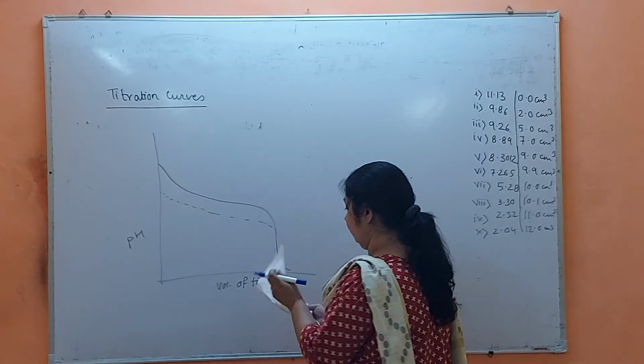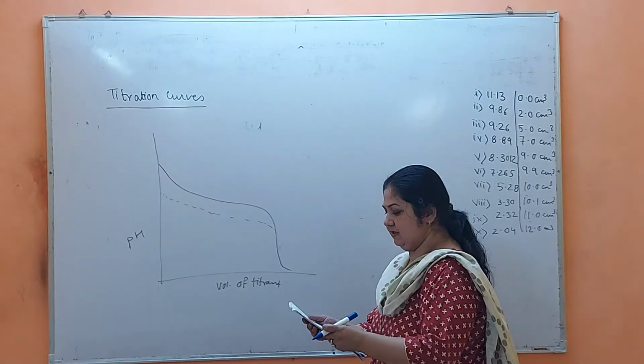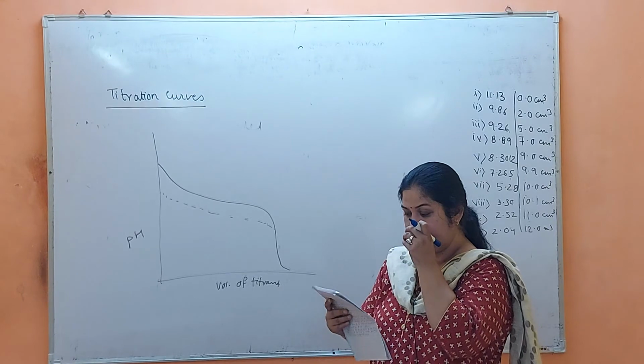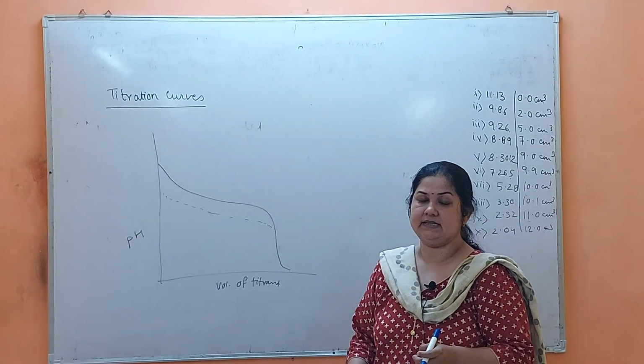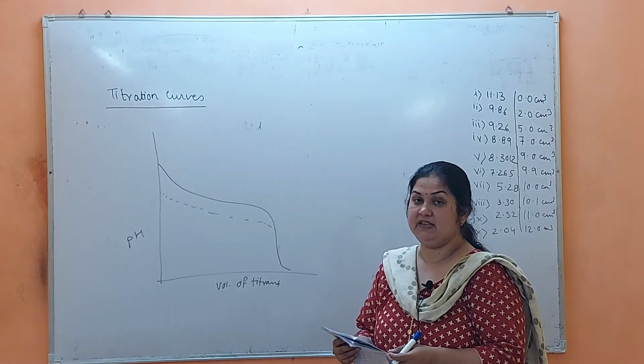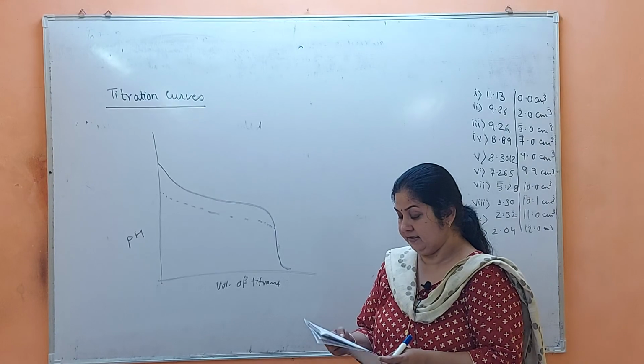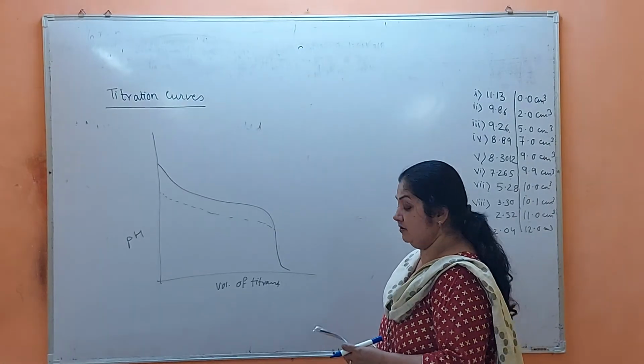If we plot the graph, we find that the pH at the equivalence point is nearly equal to 5.3, and hence it is necessary to choose an indicator within this range. Like methyl orange we can use, bromocresol green we can use. Alright, so these are the indicators to be used.